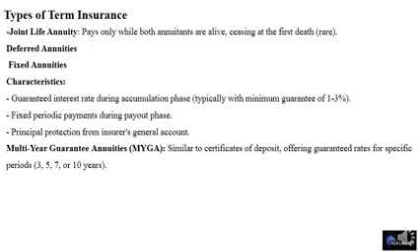We have the fixed period payment during the payout phase, and principal protection from the insurer's general account. The multi-year guarantee annuity, that is MYGA, is similar to a certificate of deposit, offering guaranteed rates for a specific period of 3, 5, 7 or 10 years.